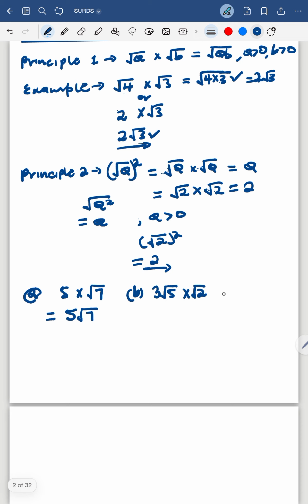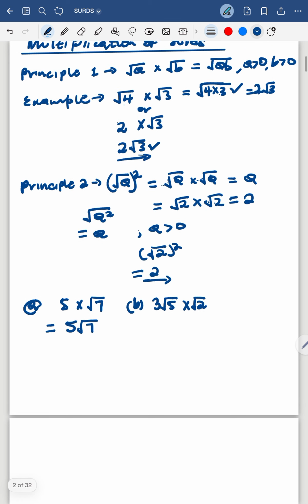So we said that in principle 1, if you have 2 roots, then you combine the 2 numbers inside. So you're going to keep these 2, these 3, but then you combine these numbers inside.